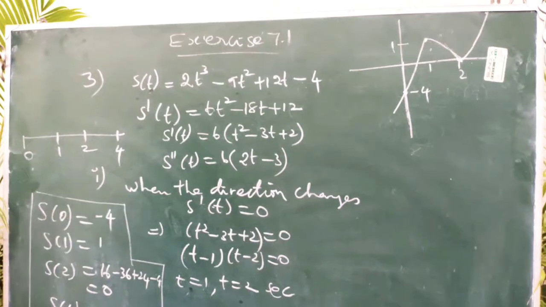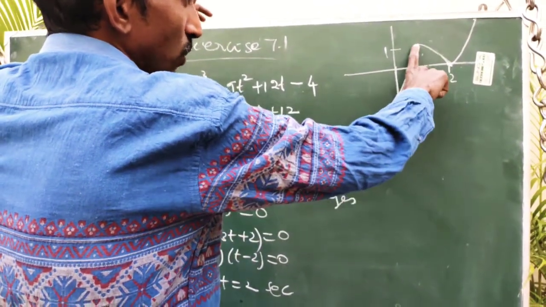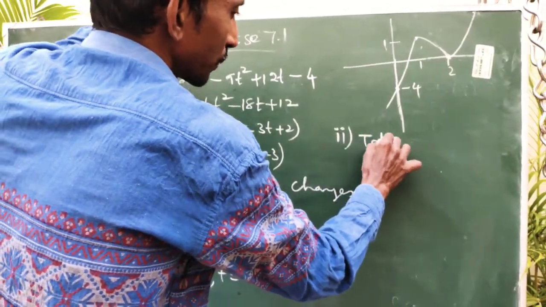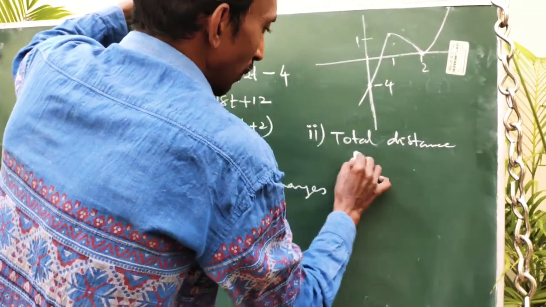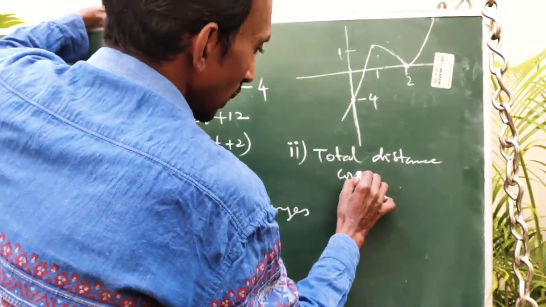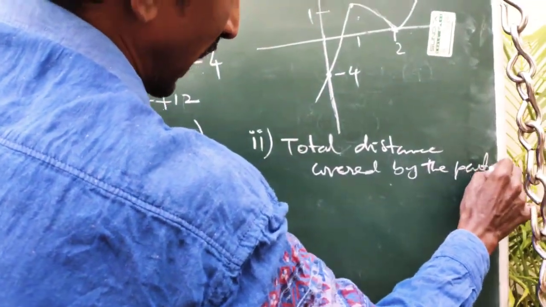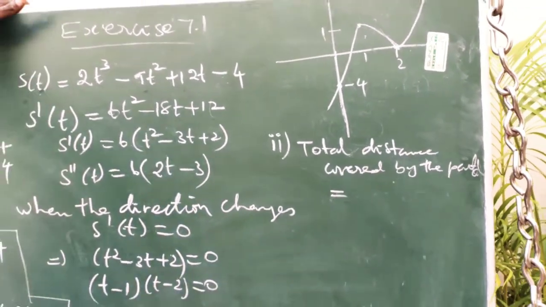We can't find it directly because we have to find it part by part: first part, second part, third part. So the total distance covered by the particle for the first 4 seconds is divided into 3.